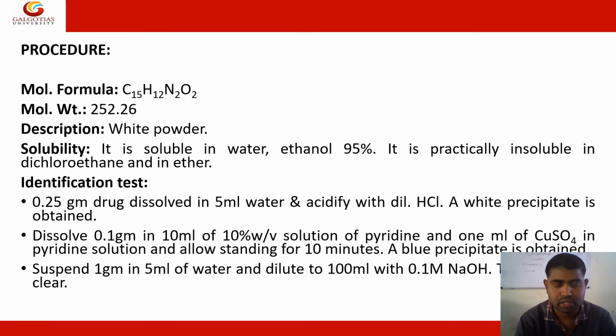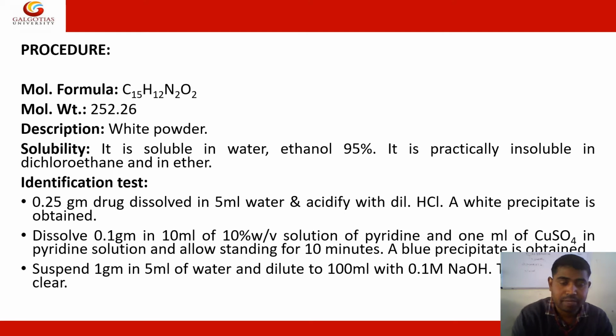Now let's discuss the procedure. In the procedure portion, you just have to write the molecular formula. As you know, the molecular formula has 15 carbon, 12 hydrogen, 2 nitrogen and 2 oxygen. The molecular weight is 252.26 grams. In the color portion, you just have to write the color: phenytoin is a white crystalline powder, or you can write that it looks like a white crystalline powder.